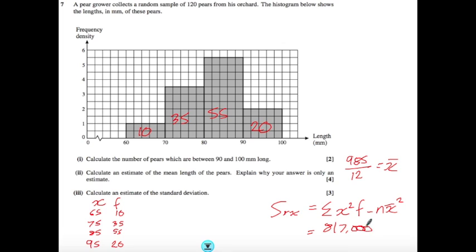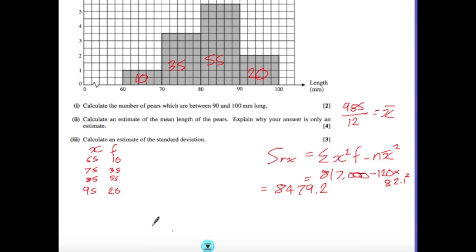And we've got to take away 120 times our x bar, which is about 82.1, but I'm going to use this exact answer squared, and that gives me 8,479.2. So I'm going to leave that in my calculator.